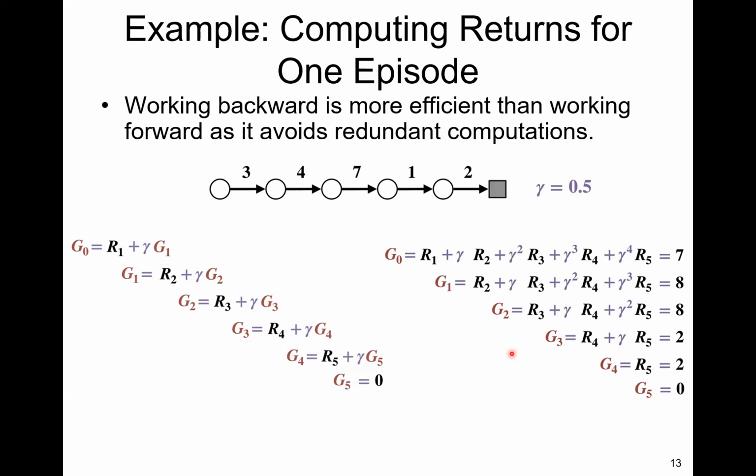If you expand it, you have this set of formulas. Typically working backwards is more efficient because you can reuse G5 in the G4 formula and reuse G4 in the G3 formula. But if you want to compute it forward, that's fine too.